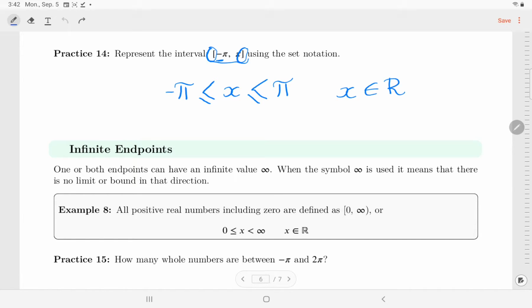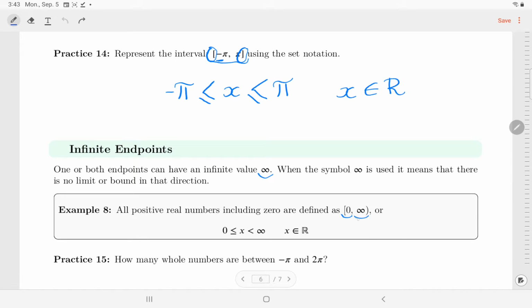We can also have infinite endpoints. That means that the value of an endpoint is infinity. If infinity is used, there is no limit or no bound in that direction. Here we have an interval starting at 0, including 0, and going to infinity.